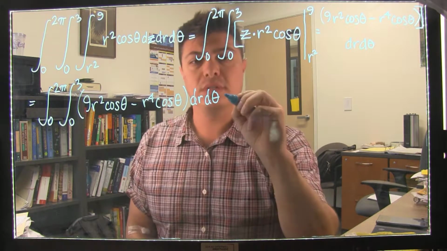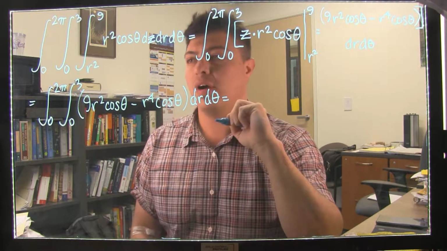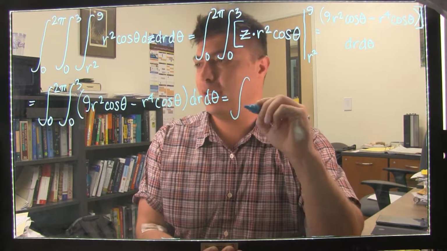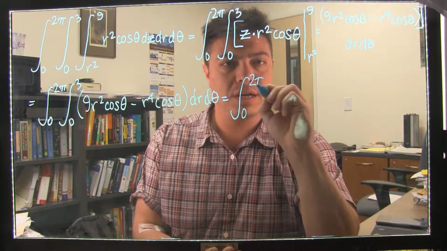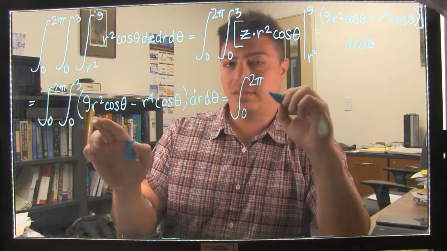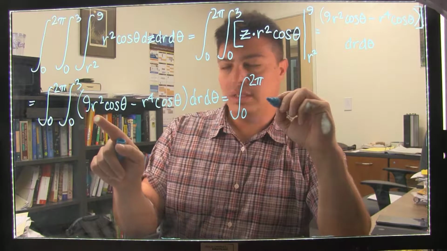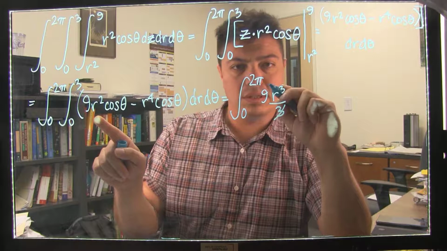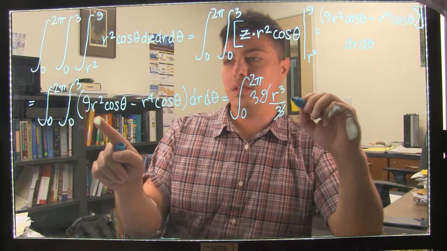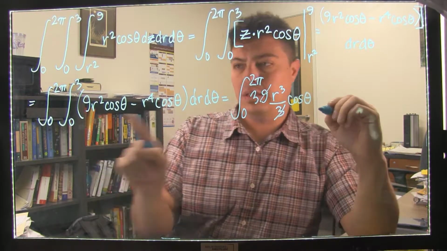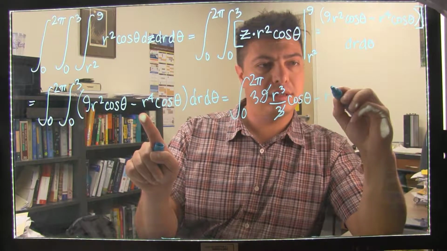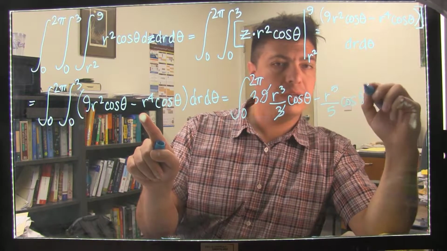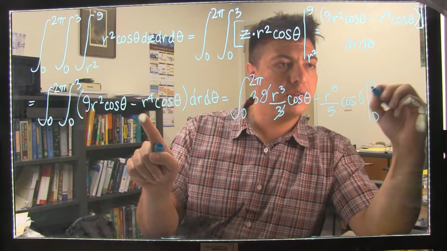Let's proceed to integrate with respect to r. So this is going to become 9 r cubed over 3. We'll cancel this and it becomes 3 cosine theta minus r to the 5th over 5 cosine theta between 0 and 3.